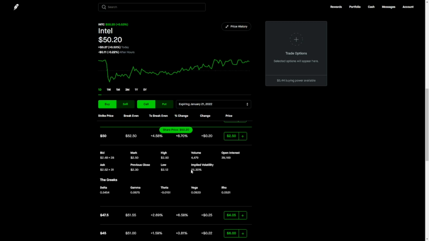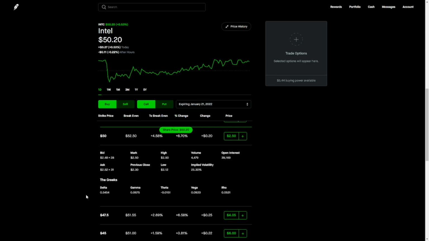Implied volatility actually goes hand in hand with Vega. So we're not there yet. We're going to skip implied volatility for now, and we're going to move down to the Greeks. So right here, when we're looking at the Greeks, we see delta. Delta actually goes by the price of the stock currently trading.